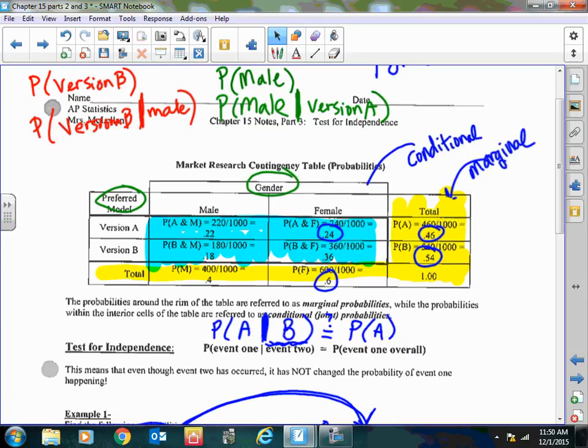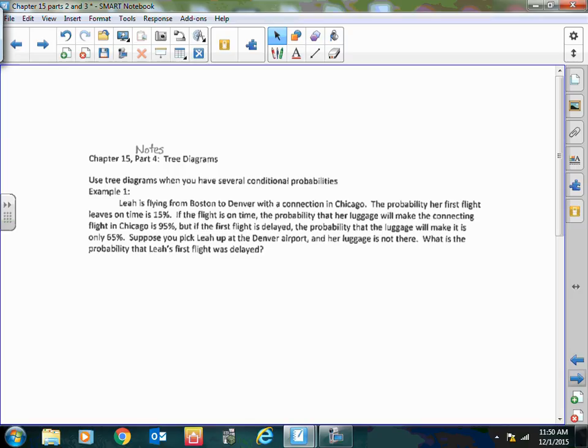Okay, moving on. Next, part 4, or the last thing in this chapter, is this technique of a tree diagram. First thing I want to do is tell you, when would you use this technique? When would this be something that you would say, hey, I need to use that tree diagram thing? Here's how it goes.